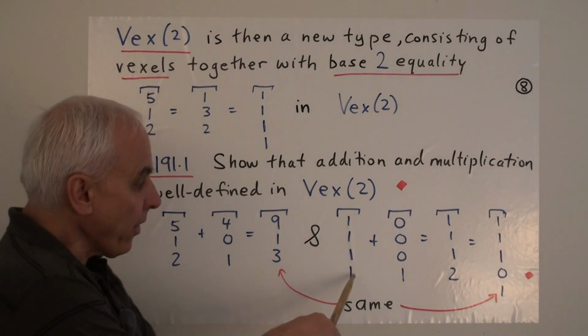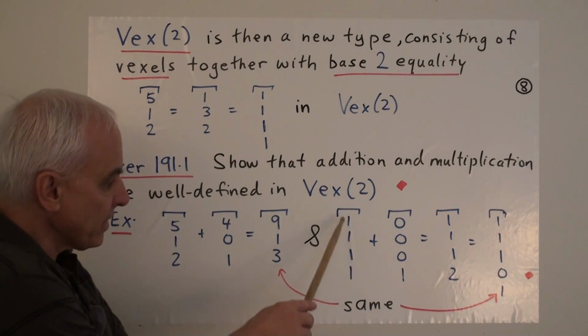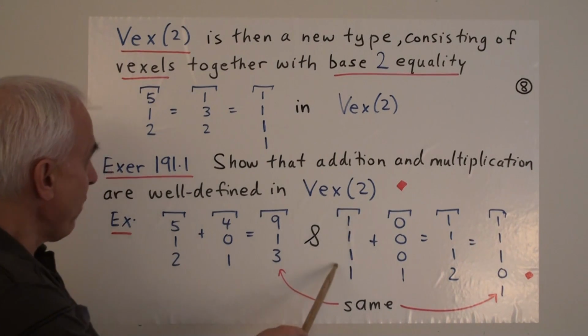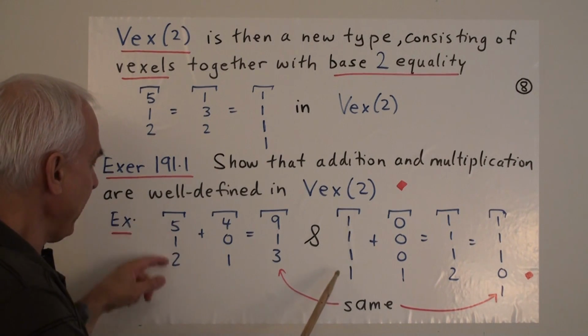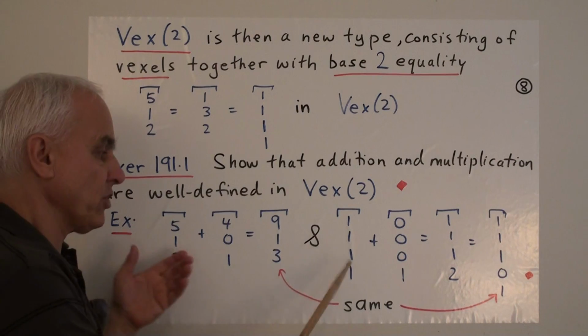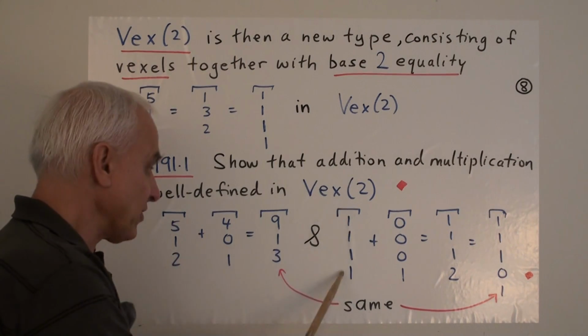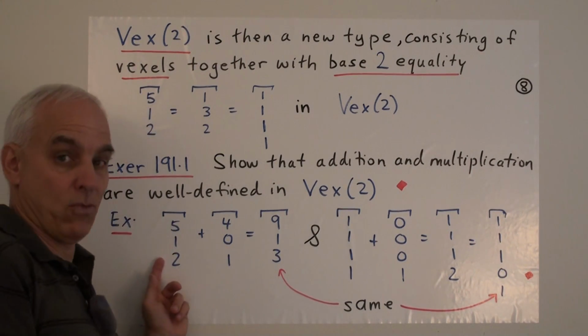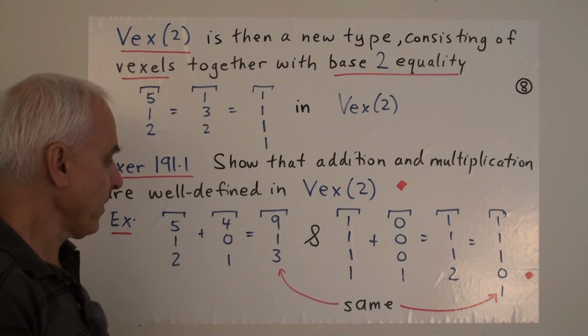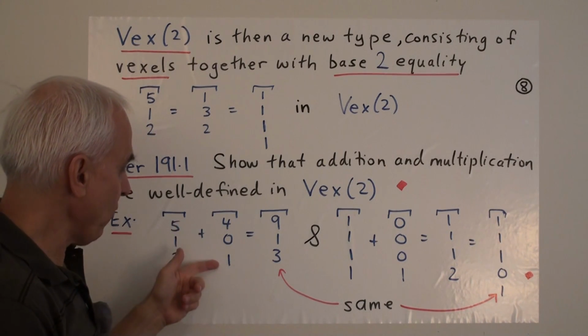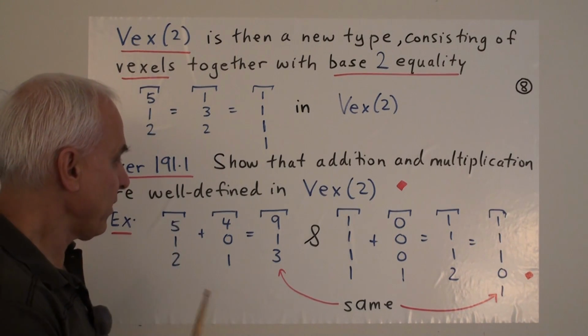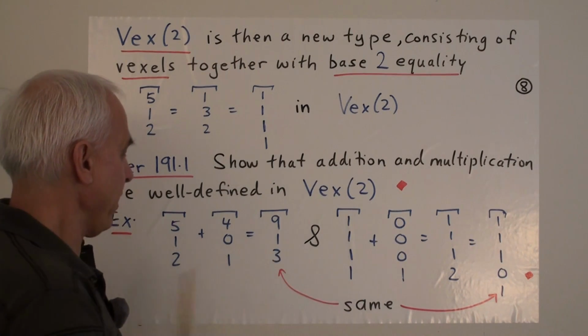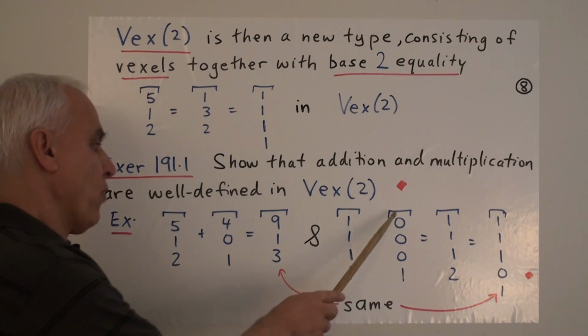Now over here we have different versions. So 512 is 1111. I've replaced this one with another version which is equal to it. So this is another vexel, but it's actually the same vexel as that one in vex2. And we've replaced this one here with 0001. That's 1, 2, 4, 8.